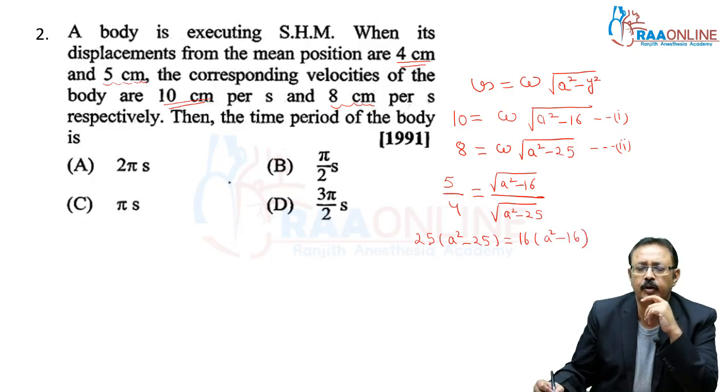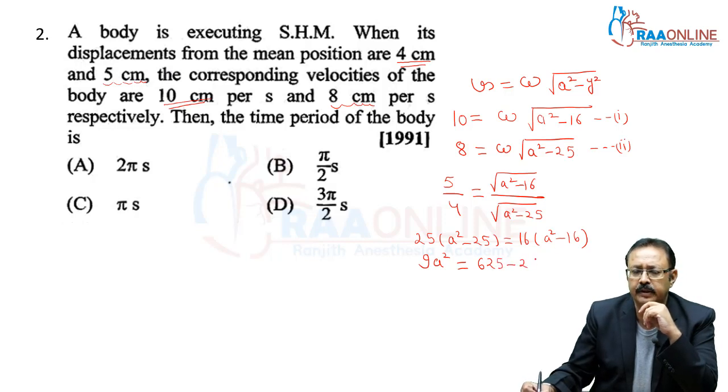So we will get 25a square minus 16a square, which gives 9a square equals 25 into 25, 625, minus 16 into 16, 256.